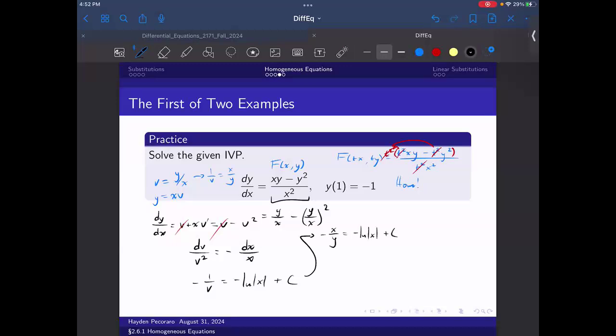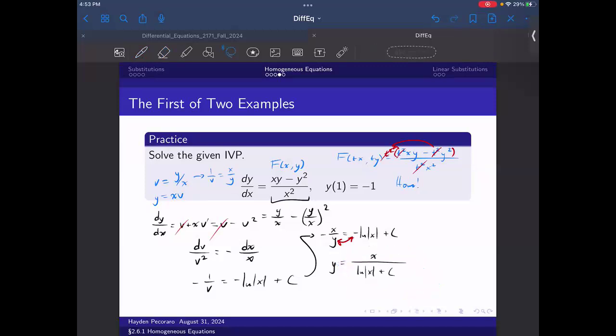And last thing is I need to solve for y. Swap these two. So I get y equals minus x over minus log absolute value of x plus c. And if you want to get rid of the minus there, you can do that. Distribute it to the bottom part, and then the c will absorb the minus.